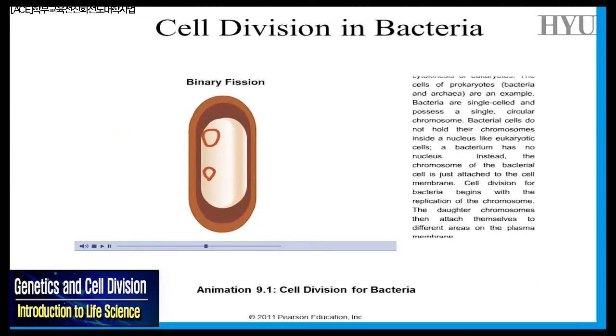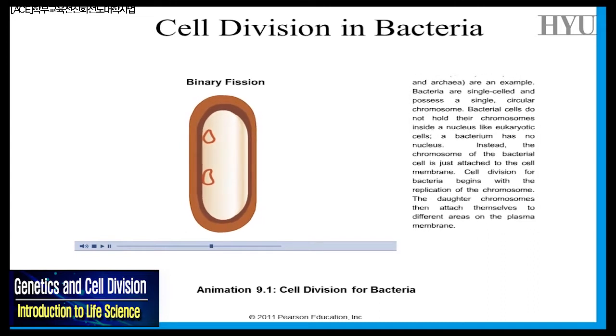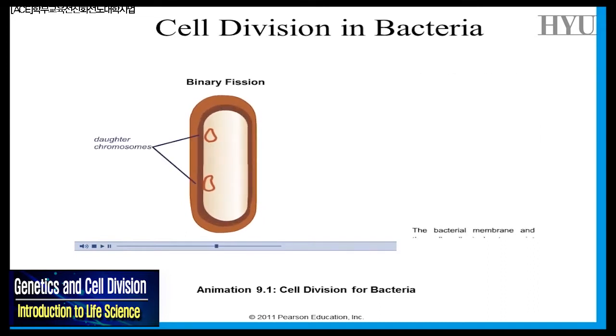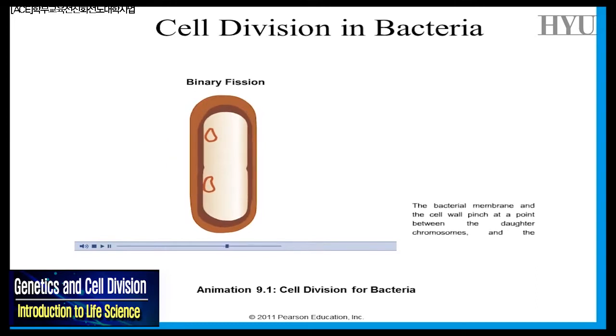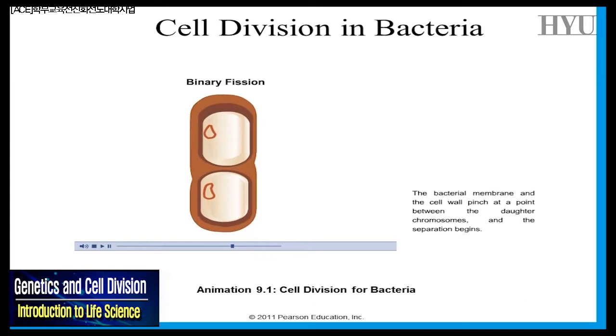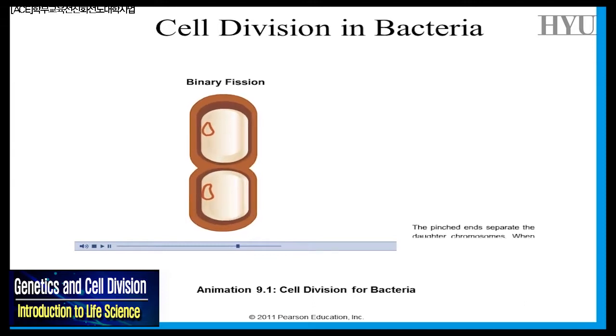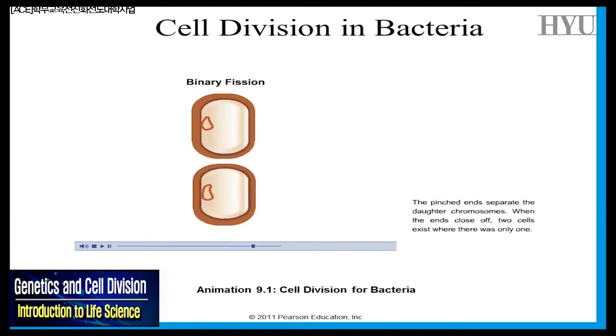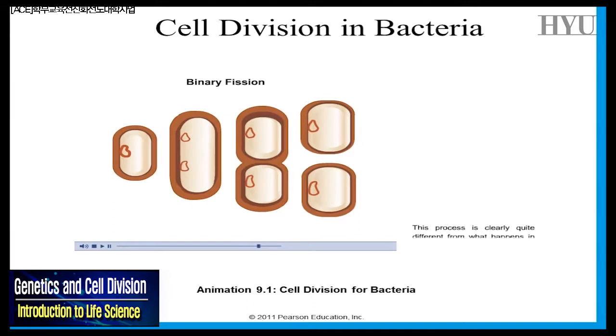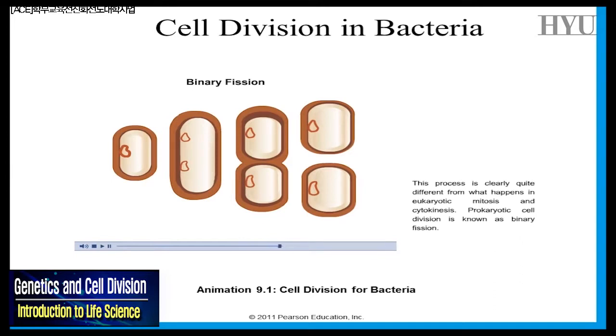The daughter chromosomes then attach themselves to different areas on the plasma membrane. The bacterial membrane and the cell wall pinch at a point between the daughter chromosomes, and the separation begins. The pinched ends separate the daughter chromosomes. When the ends close off, two cells exist where there was only one. This process is clearly quite different from what happens in eukaryotic mitosis and cytokinesis. Prokaryotic cell division is known as binary fission.